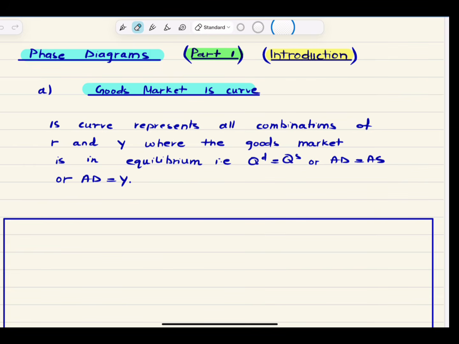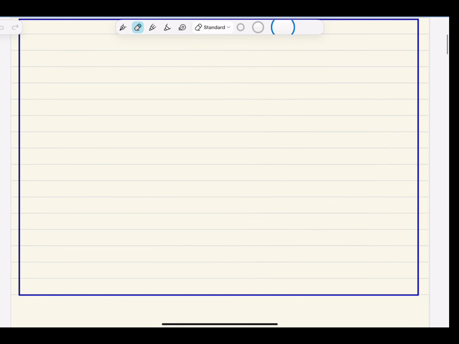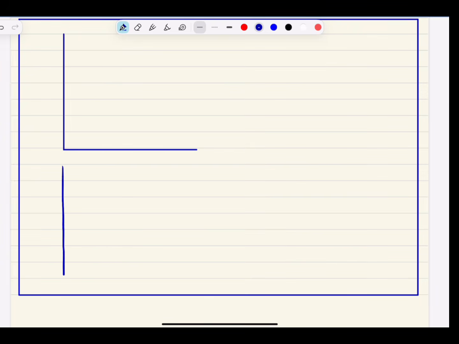So let's first start with a recap of how the IS curve is actually derived. I'm going to make two diagrams. First, the Keynesian cross diagram, and then the IS curve right below it.